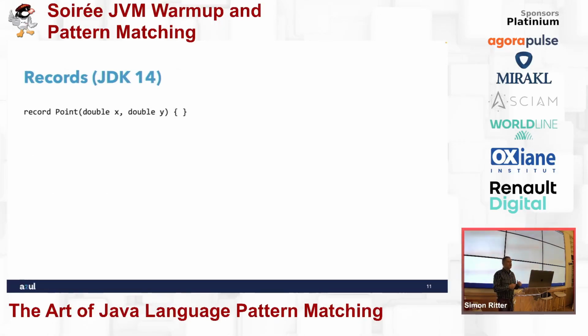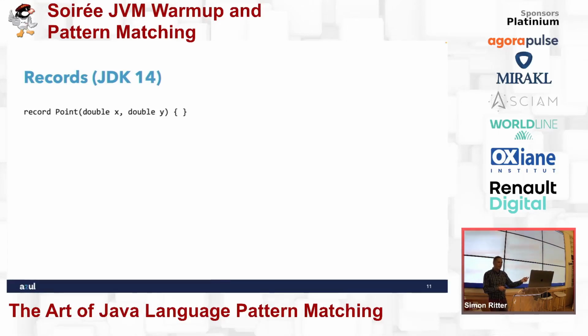Records, introduced in JDK 14. Now, records are simply a special form of class, in the same way that enumeration is a special form of class. Here, what we're doing is we'll use this new keyword, record, to indicate that we have a record. And then to define that record, we will use the same syntax that we have for the constructor.